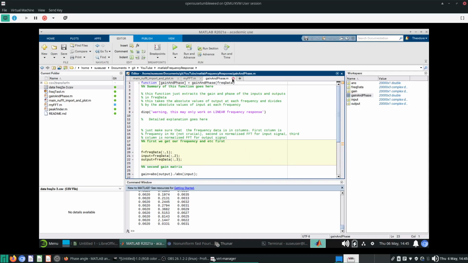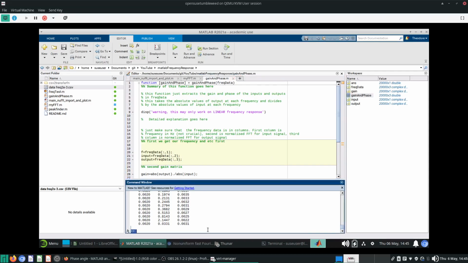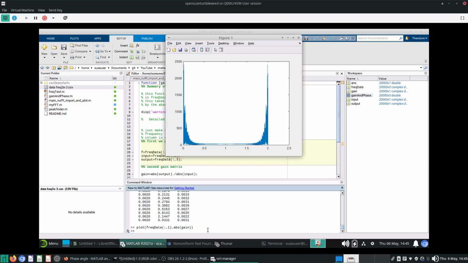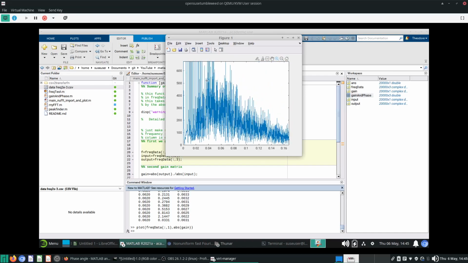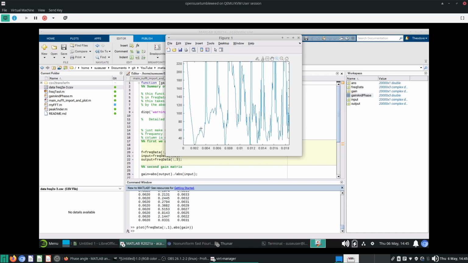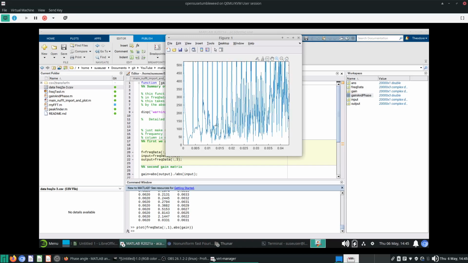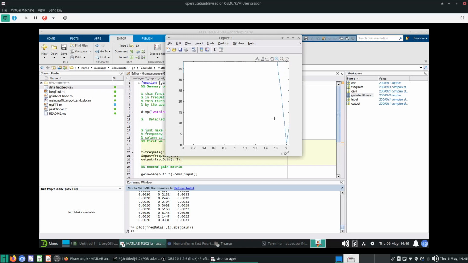This part is very straightforward, but it presents us a problem. Like I showed you over here, if we plot the frequency data, all rows first column, versus the absolute value of the gain, we will have all this noise. So we cannot just take the data like this, lock, stock and barrel. There must be a way to filter out which data is actually valid.